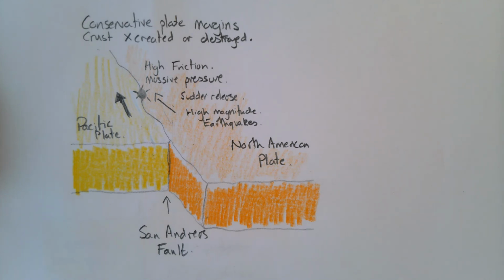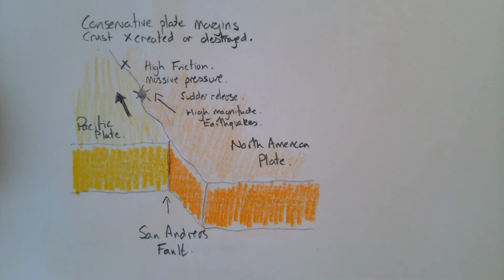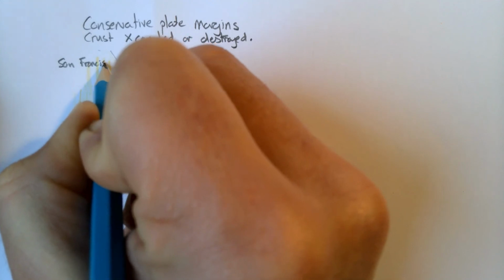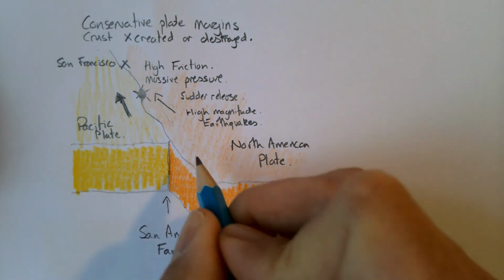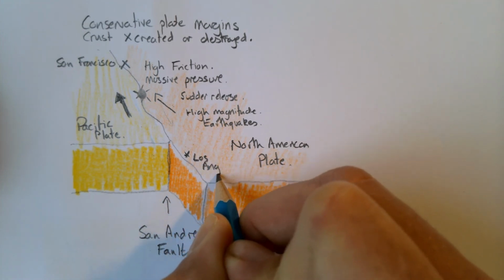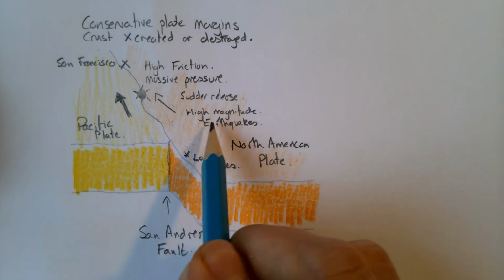Very nice. Along the San Andreas Fault, we can find several large cities. So, for example, in the north, we have San Francisco, and further south, you do find Los Angeles. Big cities that in the past have suffered major earthquakes and now have many of their buildings designed to withstand the powerful forces of a high magnitude earthquake.